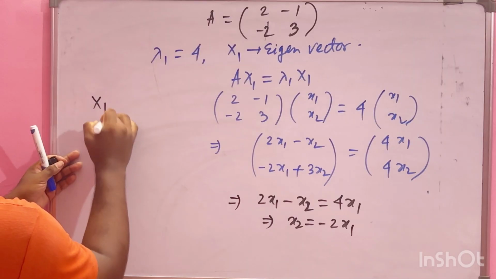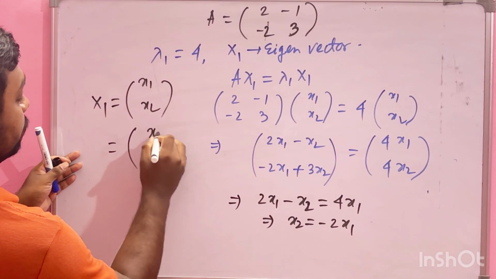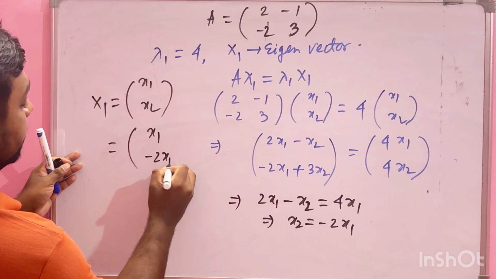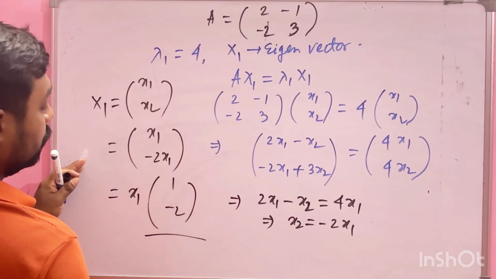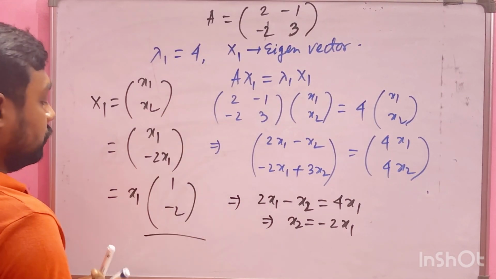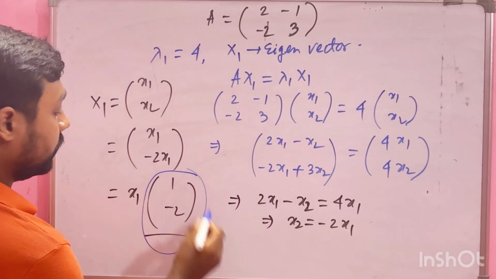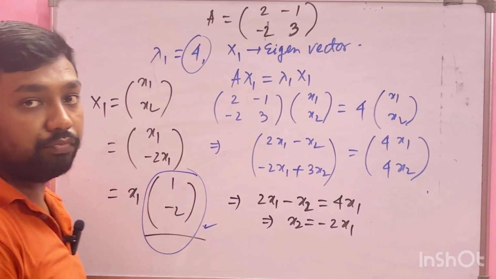So the corresponding eigenvector is [x1; x2], where x1 will be there and x2 is -2x1. If you take x1 outside you will get [1; -2]. So [1; -2] is the eigenvector corresponding to the eigenvalue lambda 1 = 4.